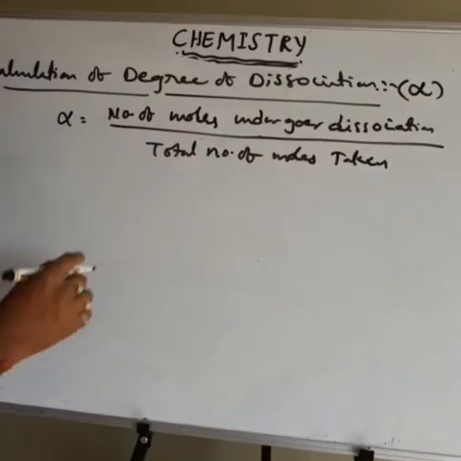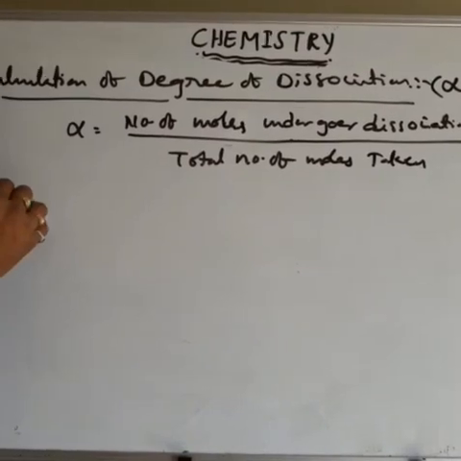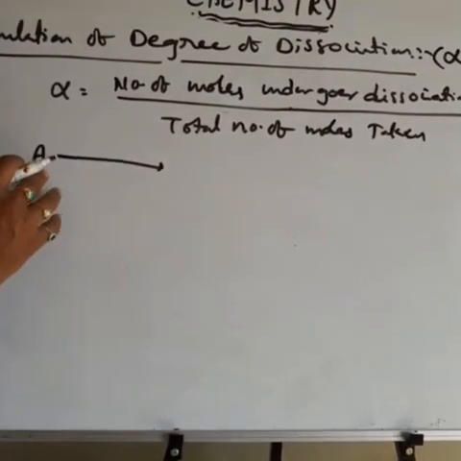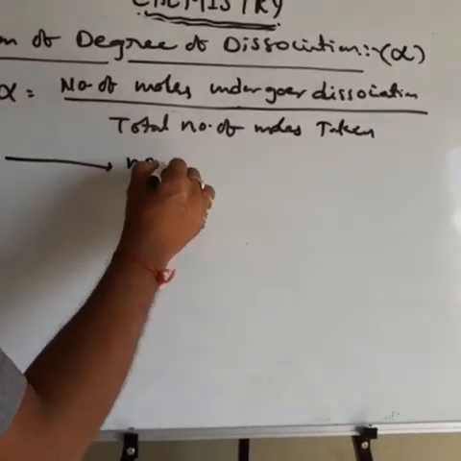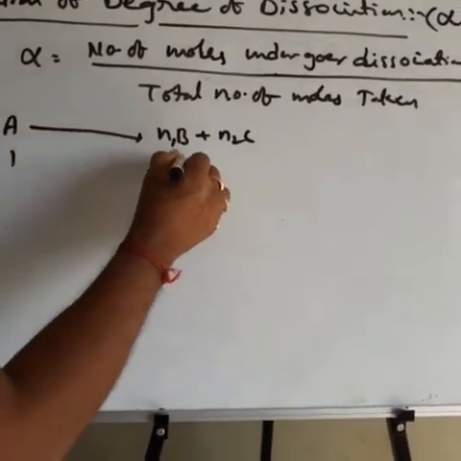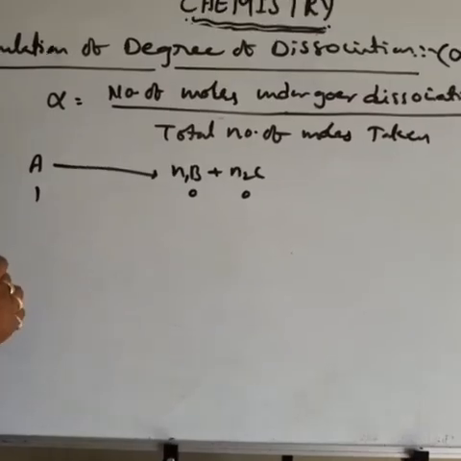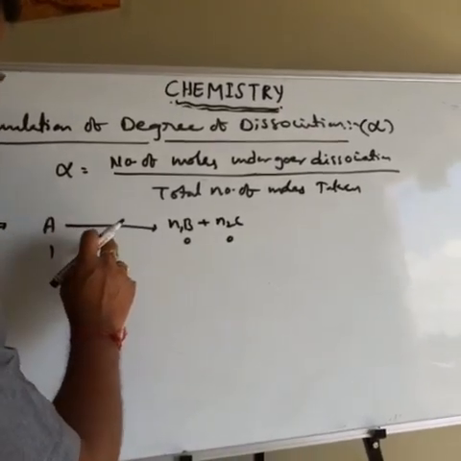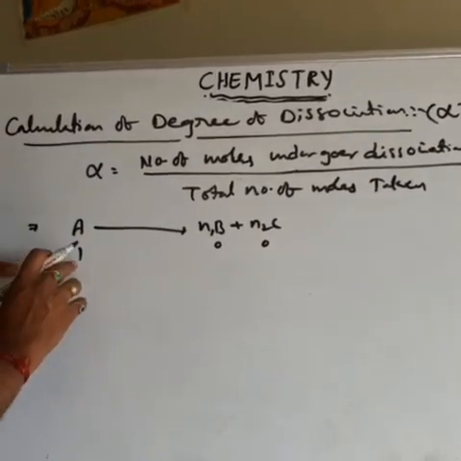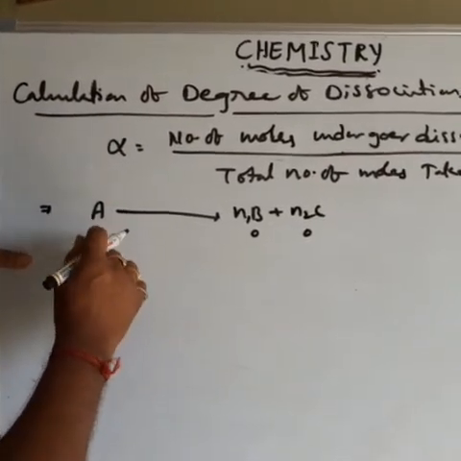Then next is how to find out this alpha value, the degree of dissociation. For example, an electrolyte A is dissolved in the solvent to form n moles of B or n moles of C. For example, you have taken 1 mole initially, and 0 moles of product is formed. A undergoes dissociation to form n moles of B and n moles of C. How much of A is dissociated?